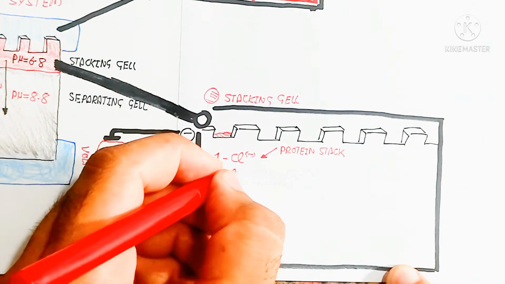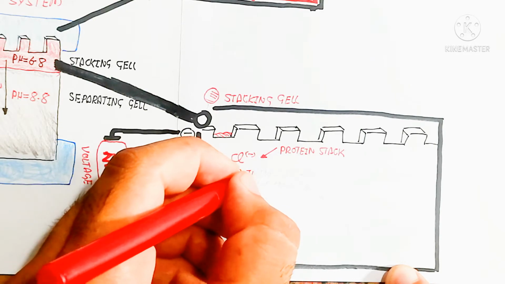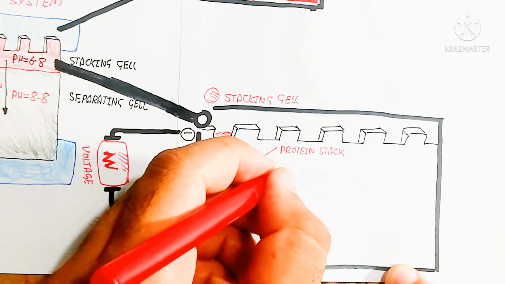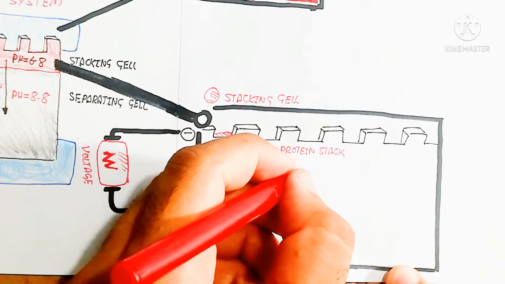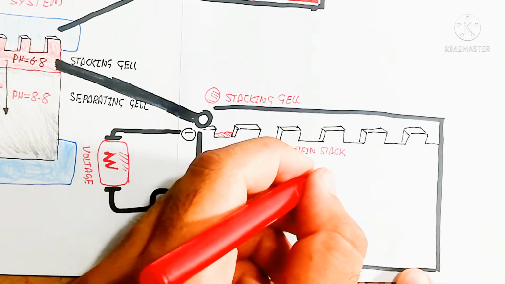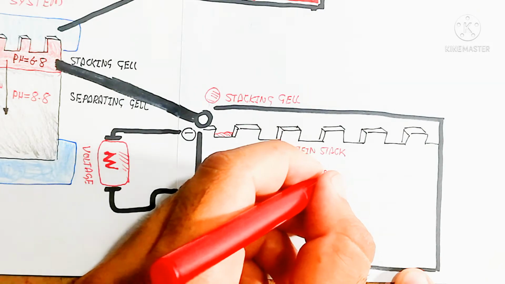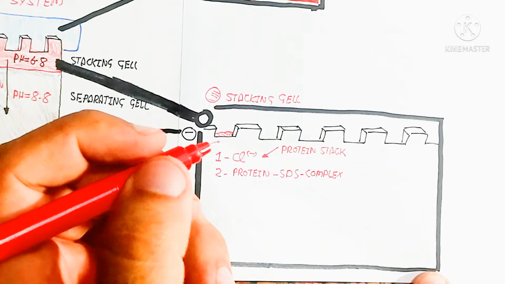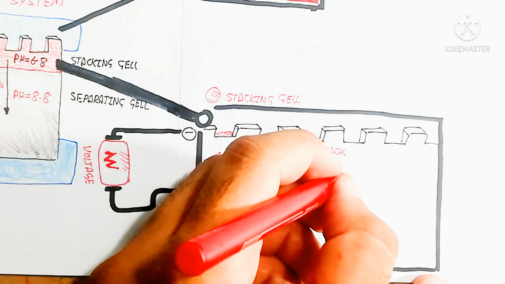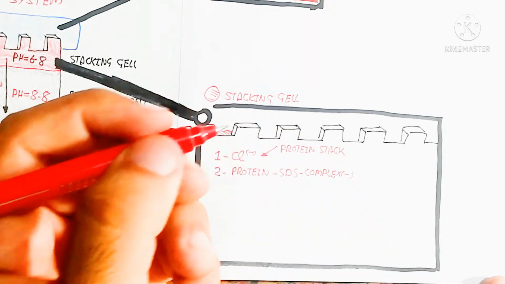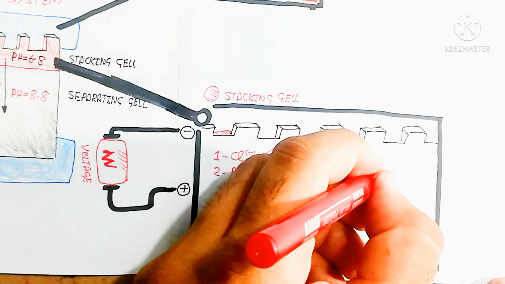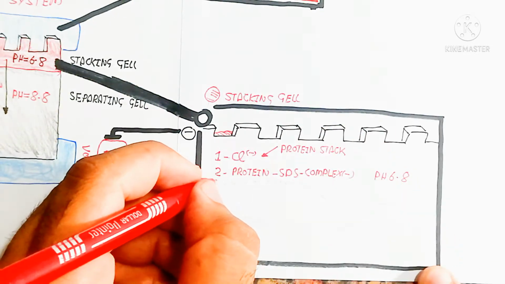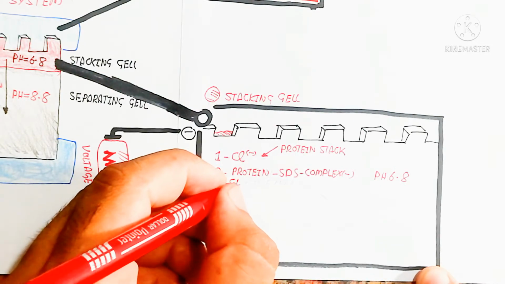So the chloride ion stacks the protein because of the Tris-HCl buffer at pH 6.8. The protein-SDS complex is formed and is negative, but glycine will be neutral or slightly negative, so it accepts more negative charge to become a protein stack.